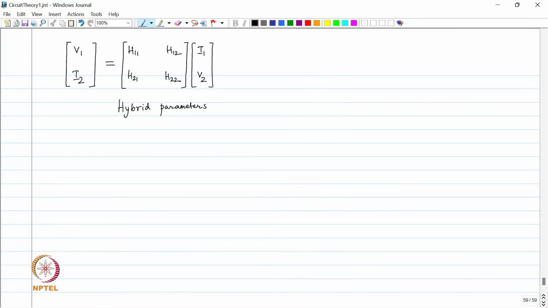And here you are going to say that look, the other possibility was also hybrid, where I 1 and V 2 were dependent and V 1 and I 2 were independent. This was also hybrid.